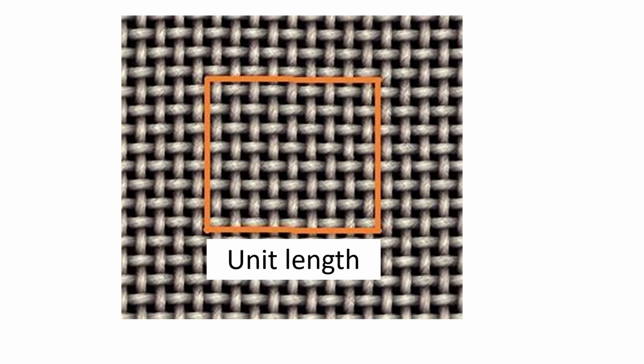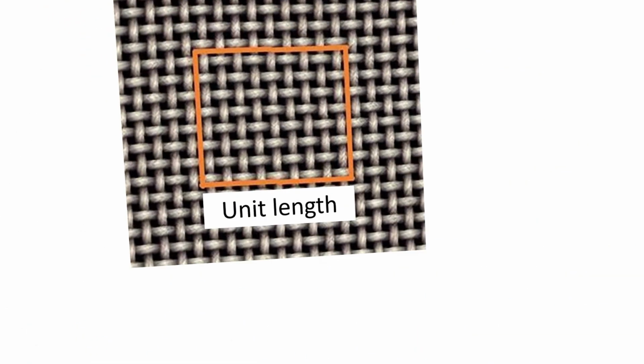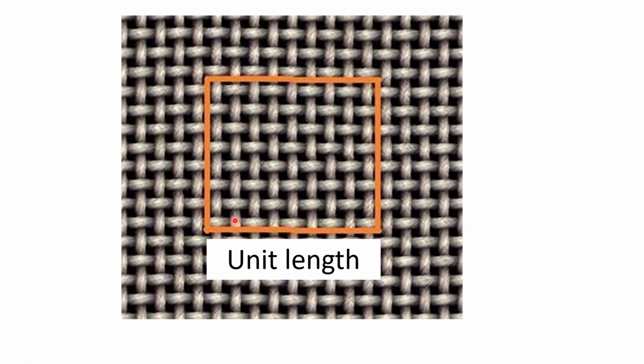Today I am going to stop at this place. Fabric density means the total number of warp and weft yarns in a square area. They have 9 ends in the warp direction, and they have 8 picks. Fabric density is equal to 8 plus 9.